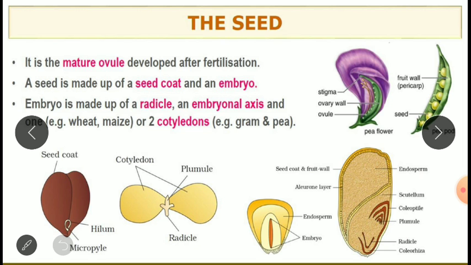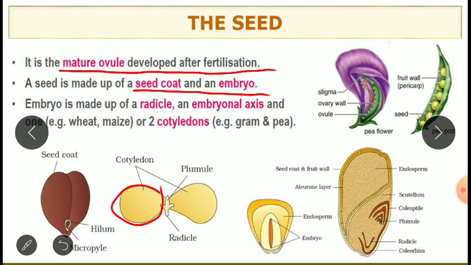Coming to the seed, the mature ovule developed after fertilization is called the seed. A seed is made up of the seed coat and an embryo. The outer seed coat is present, and within that the embryo. The embryo is made up of the radicle, the embryonal axis, and one or two cotyledons. Cotyledons are the embryonic leaves.